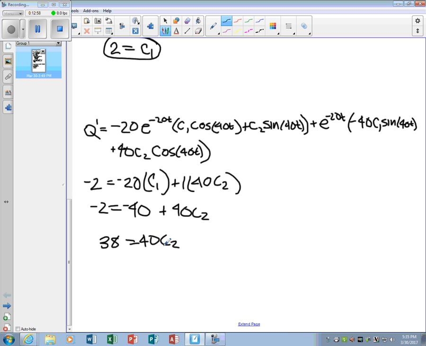And then we divide by 40 on both sides, and that's going to give us 38 over 40 equals C2. And that will become, let's find a common factor, 19 over 20.